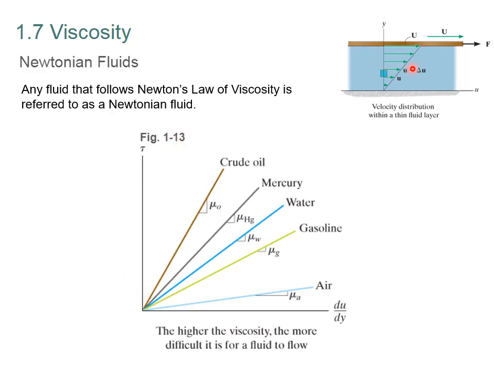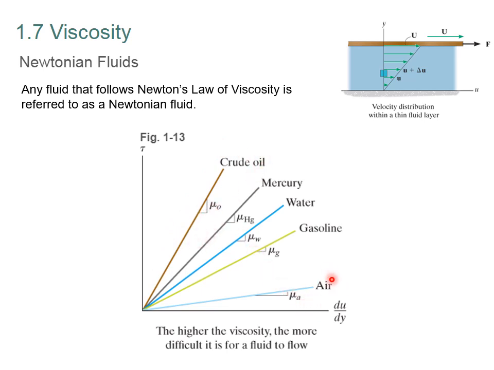So let's take a look at Newton's law of viscosity. For different fluids, you can see here, this is plotted. You plot the torque on the vertical axis compared to the gradient, this du dy. And so the slope of this curve is simply going to be the viscosity.